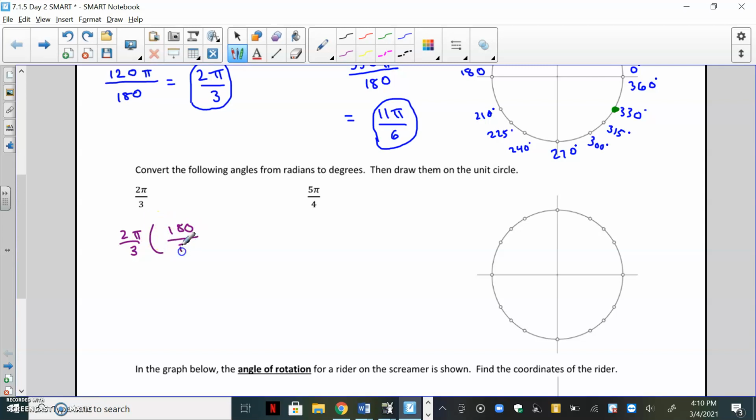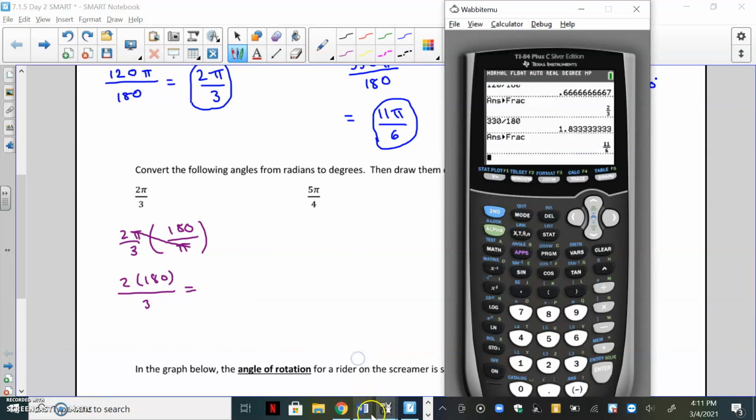A good way to remember which conversion factor goes with which is that when you're going from radians to degrees, your goal is to get rid of pi because you never want any pi with your degrees. By having pi on the bottom of our conversion factor, they get to cancel. So you end up with 2 times 180 on the top and just that 3 on the bottom. That's what you want to type in your calculator.